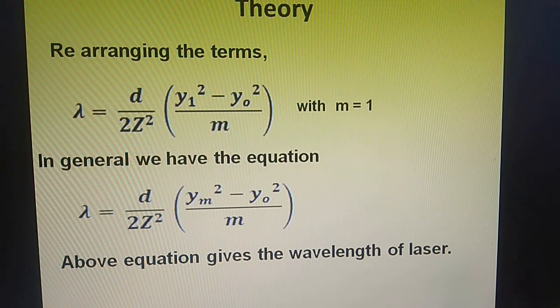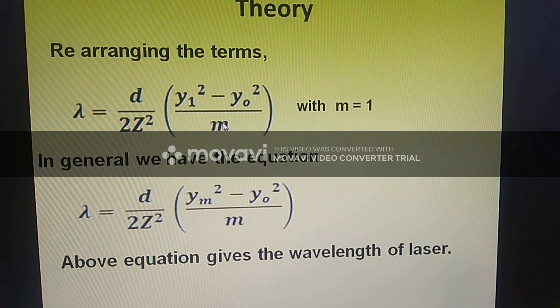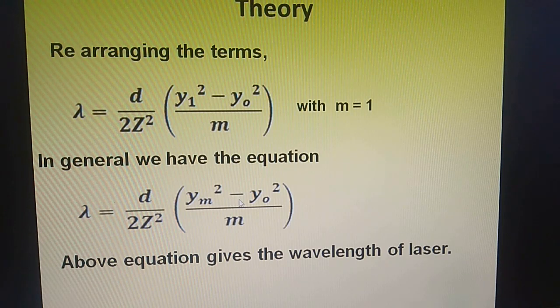In general, actually this is y1 square minus y0 square, m equal to 1. By mistake m came here. So in general, the same equation: lambda equals d divided by 2z square, (ym square minus y0 square) divided by m. Understood? Here m is the order.